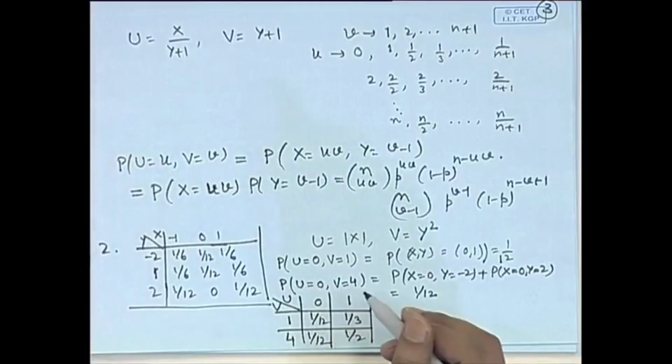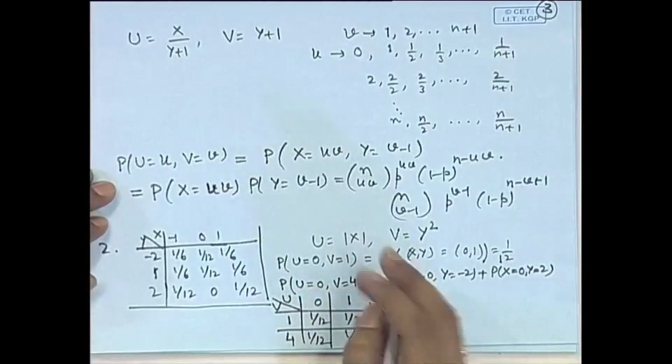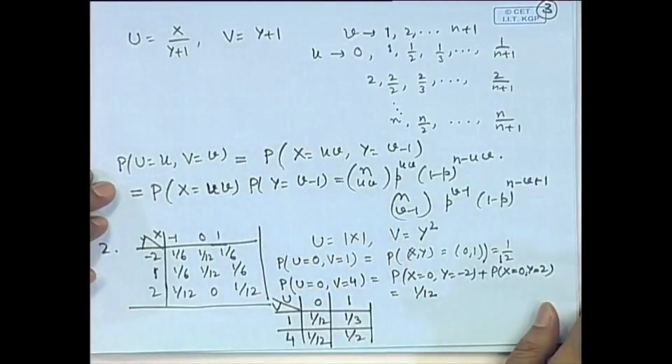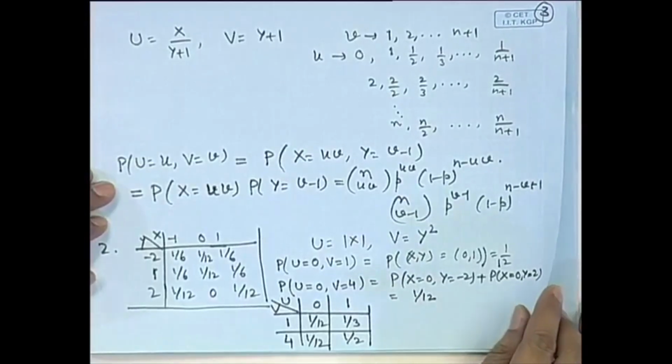So, in the case of discrete distributions, it is possible to derive the distribution of the function of random variables by directly considering the probability mass function. Sometimes it is easy to use the direct cumulative distribution function also. I can give an example here.